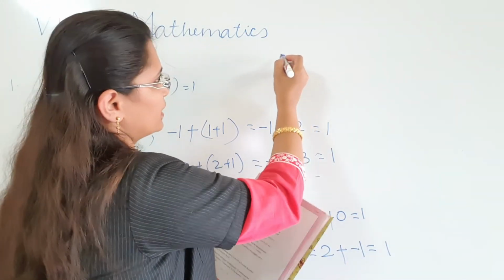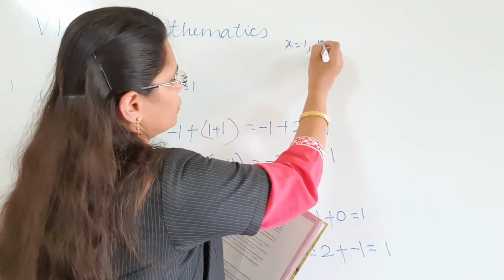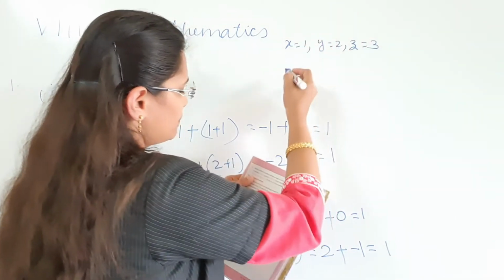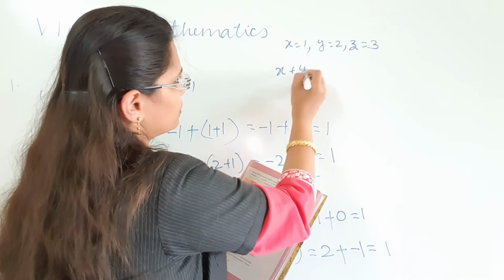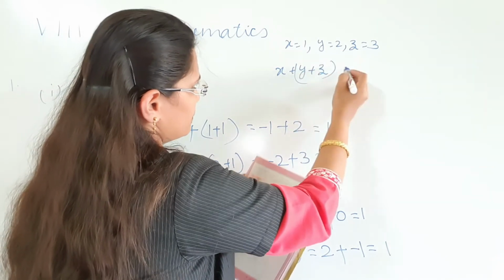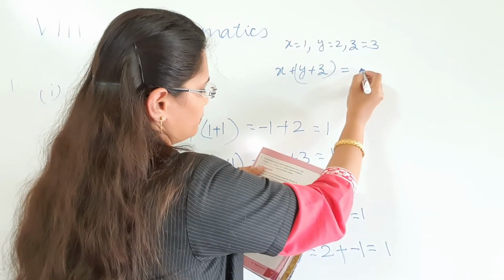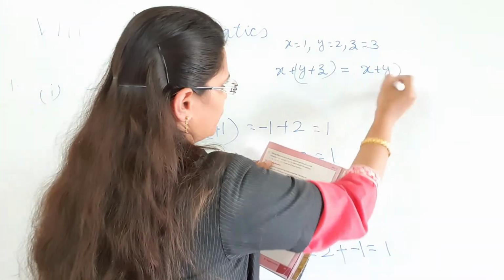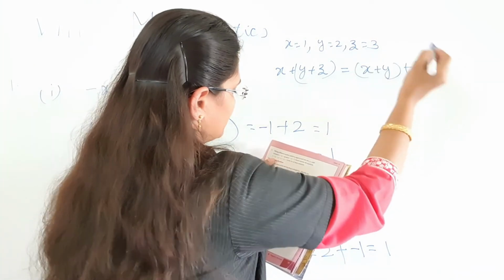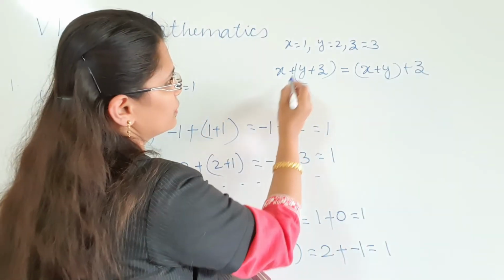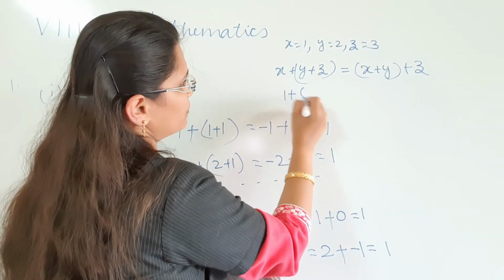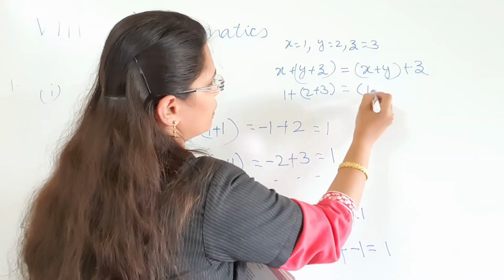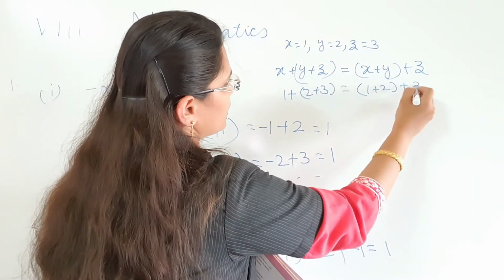Suppose if you take x equal to 1, y is equal to 2, z is equal to 3, then x plus y plus z is equal to x plus y plus z. So, substitute the value: 1 plus 2 plus 3 is equal to 1 plus 2 plus 3.